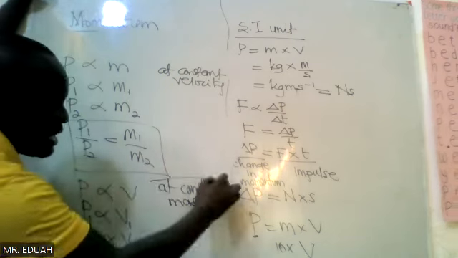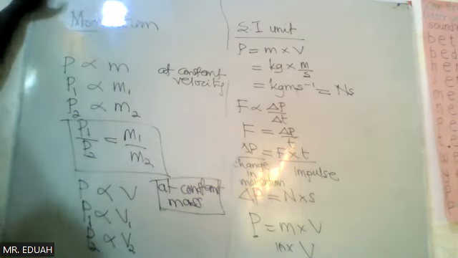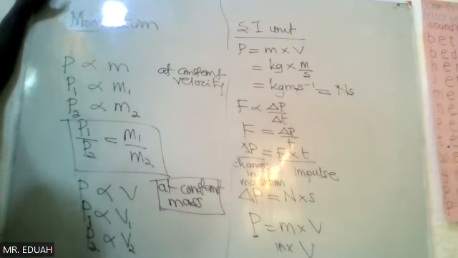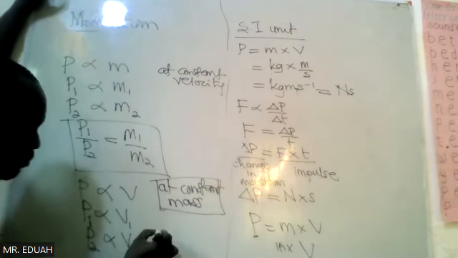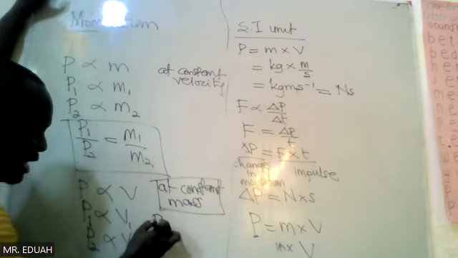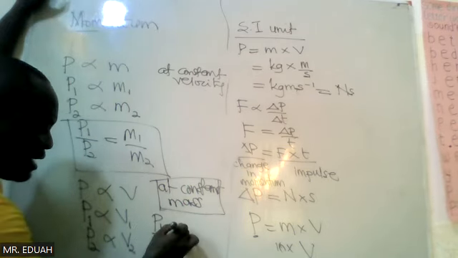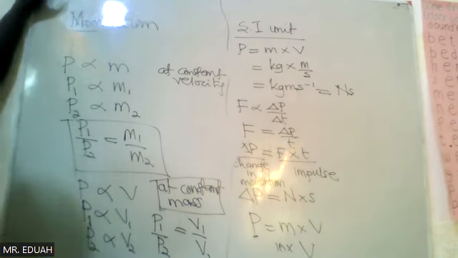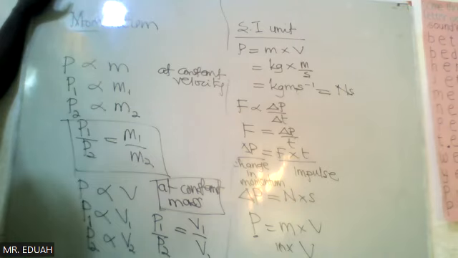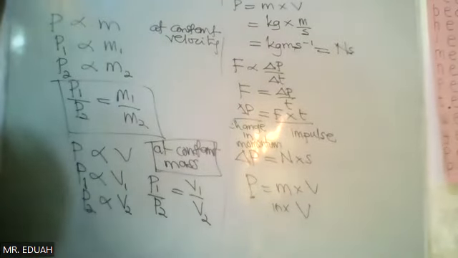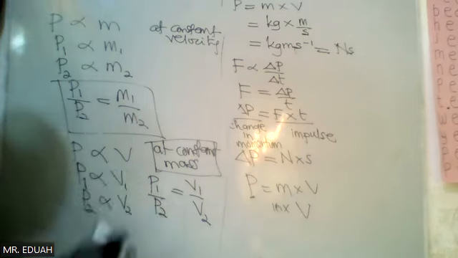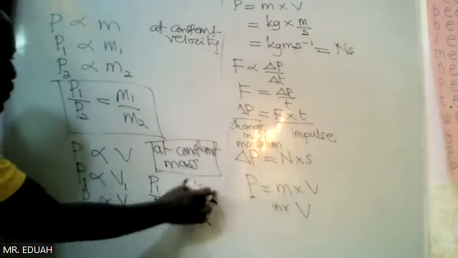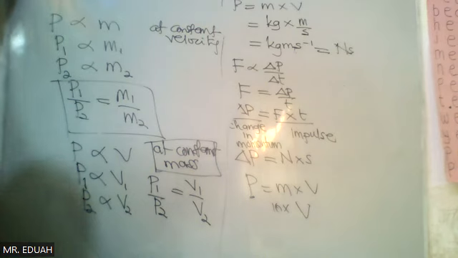This is on condition that the masses of the two bodies are the same, constant. So the ratio P1 over P2 is equal to V1 over V2. So two bodies of the same mass but traveling at different velocities have momenta whose ratio is equal to the ratio of their velocities.